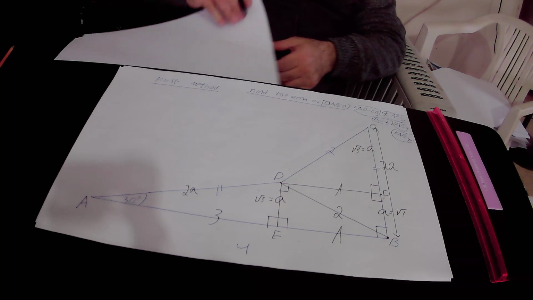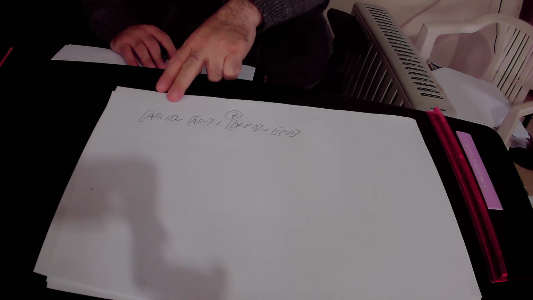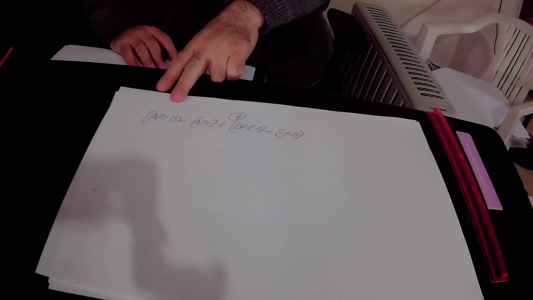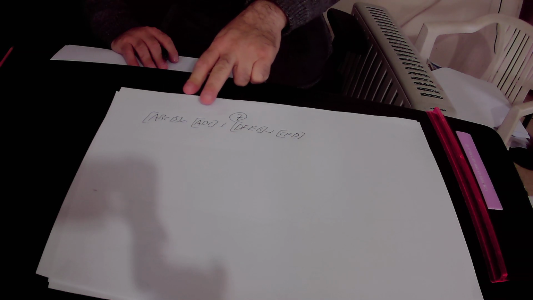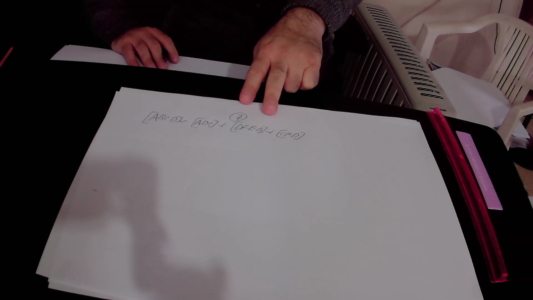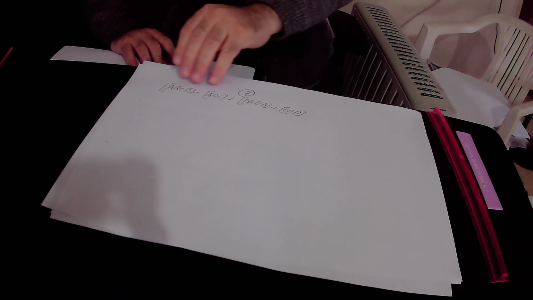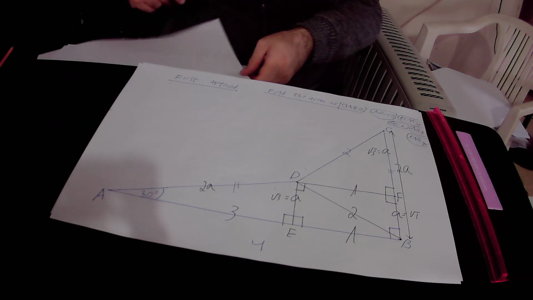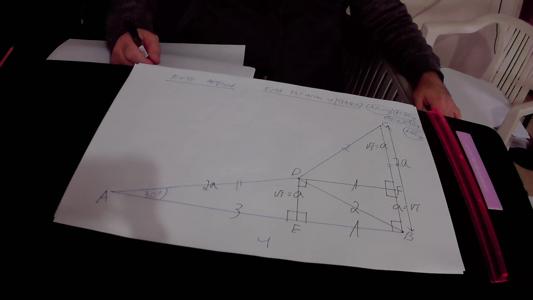So I repeat again, the area of quadrilateral ABCD, the square brackets are the sign for the area, so this means the area of quadrilateral ABCD is equal to the area of triangle ADE plus the area of quadrilateral DFEB plus the area of triangle CFD.